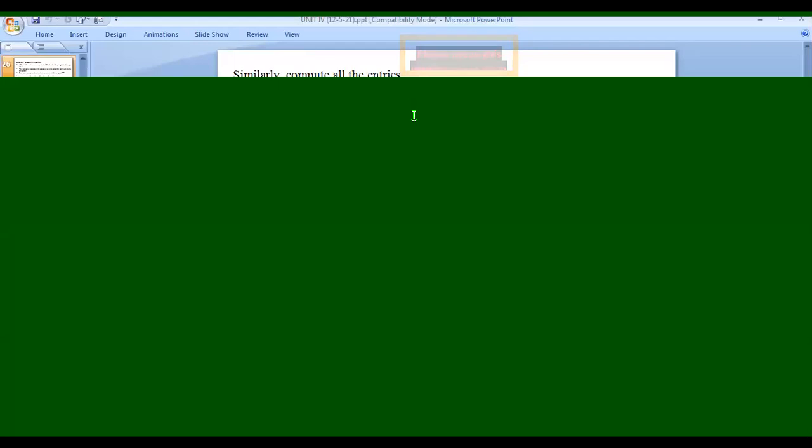After all the entries are computed and filled in the table, we get the following table. So this is the table. You have filled all the items in the table.